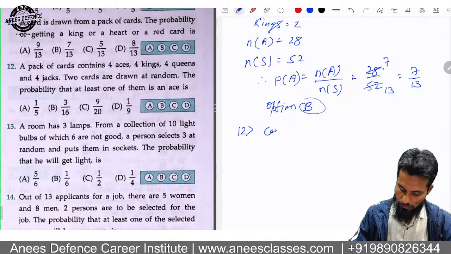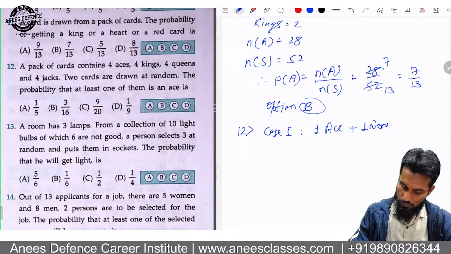Case 1: 1 ace, then you have to draw 2 cards, so the other one will be other than ace, a non-ace. Second case: both are ace, 2 aces.